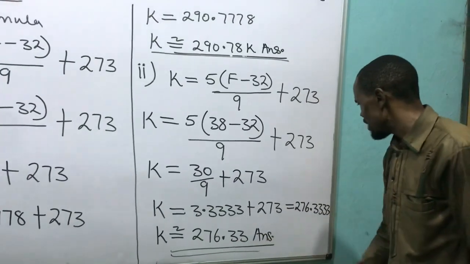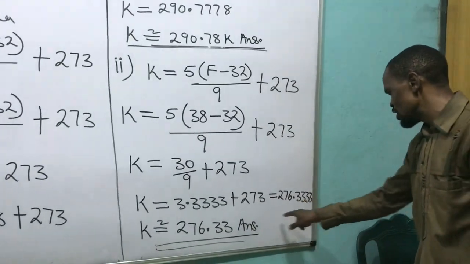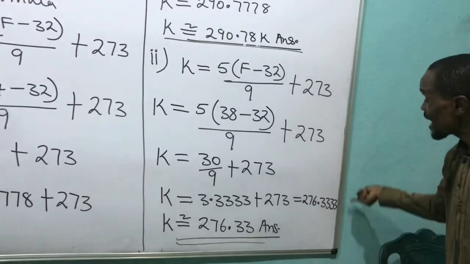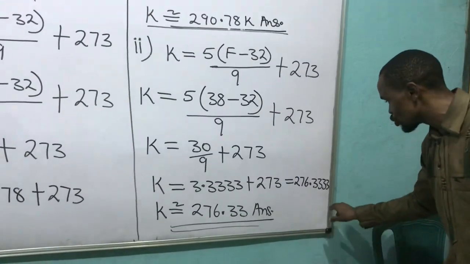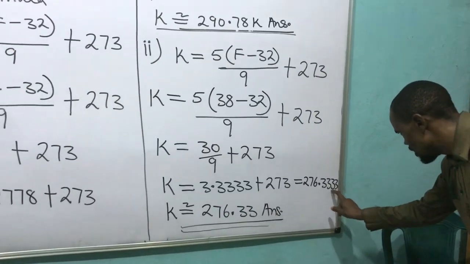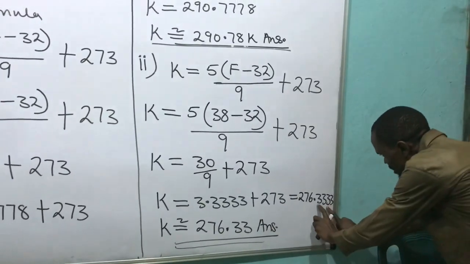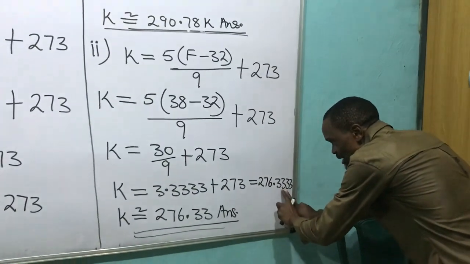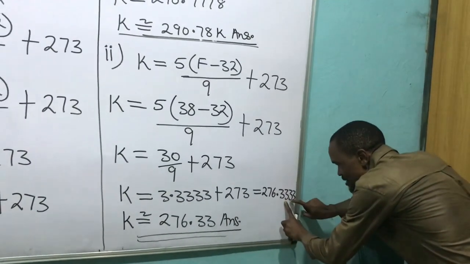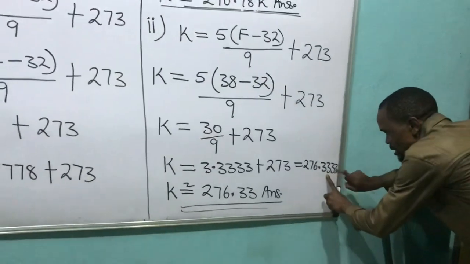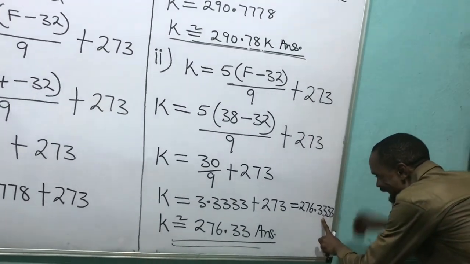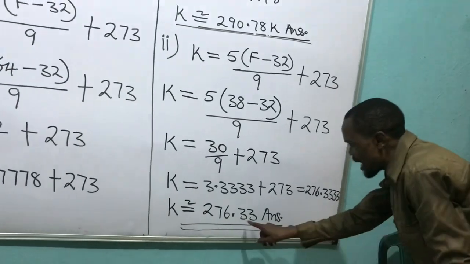276.33. Answer. Therefore, we see that I put it in two decimal places. This digit is not up to 5, therefore I round it down to 0. As far as it's not up to 5, I'm looking at this 3 to end it here. The next digit, which is 3, is not up to 5, so I round it down to 0, and I have 3, 3.